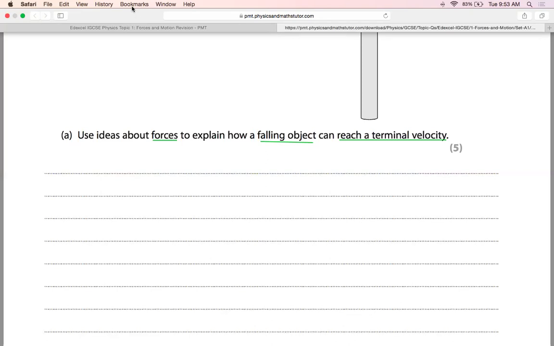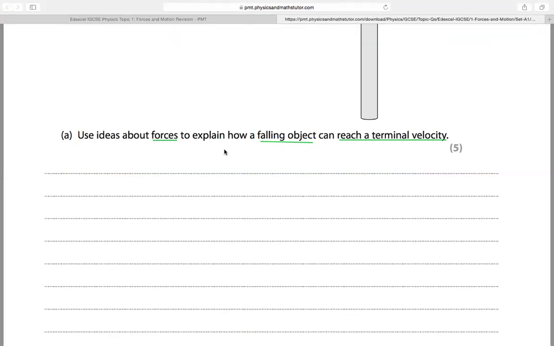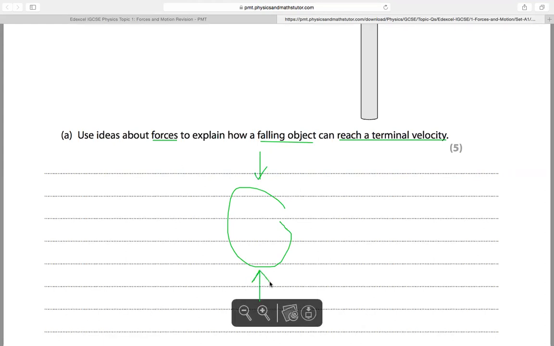You must imagine this, I have an object, the upward force, let me just draw it here. So I have an object like this. I have a downward force, which is gravity, and then I have an upward force, which is drag. Basically this object has weight pulling it down, so it accelerates.